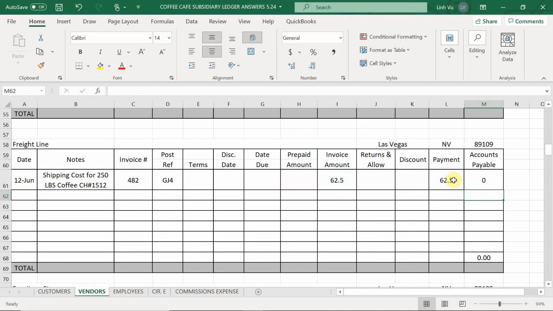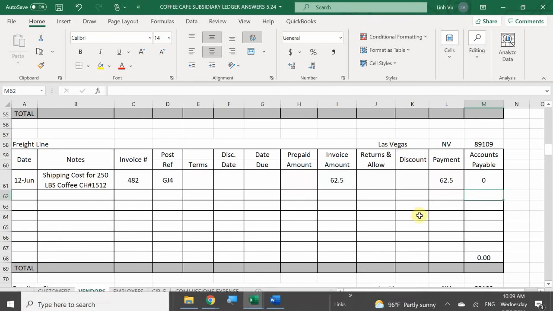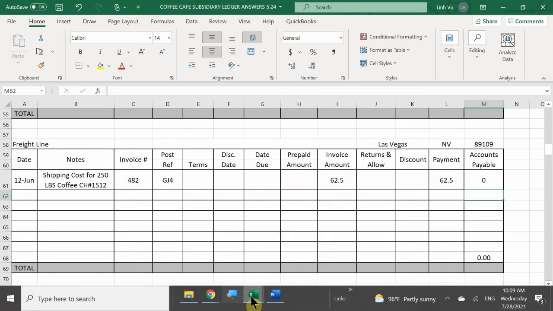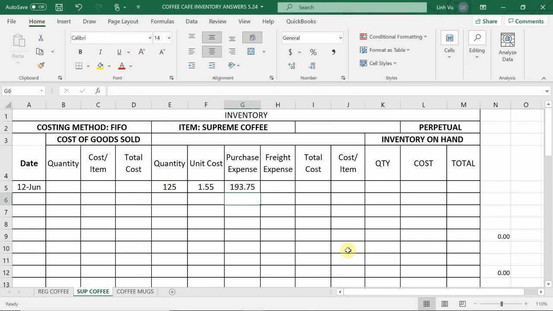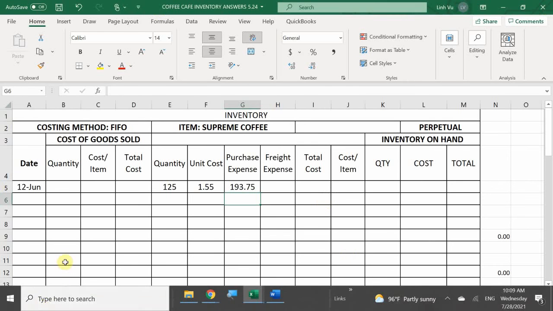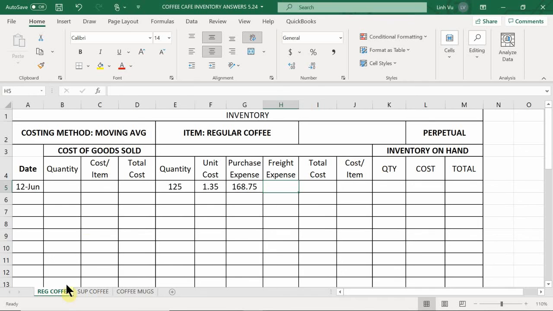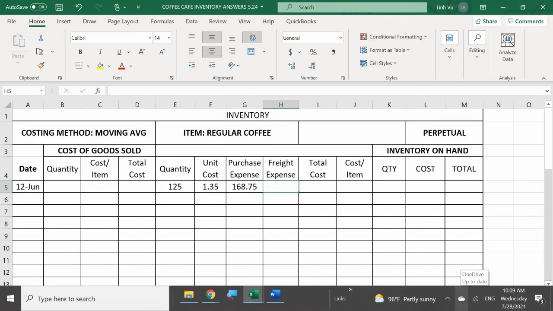Last but not least, right? We need to update our inventory worksheet. Because now we finally have freight. Okay? So I'm going to start off with my regular coffee over here. Right? The freight cost me $31.25.